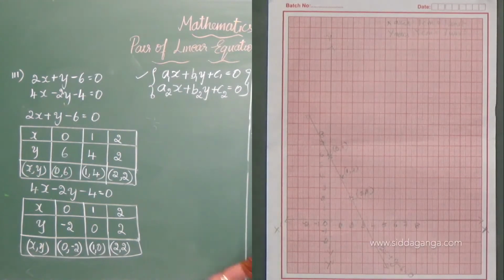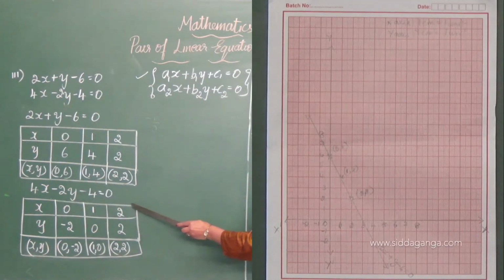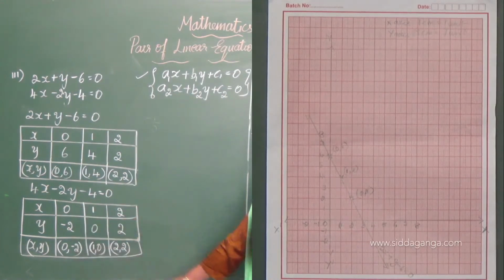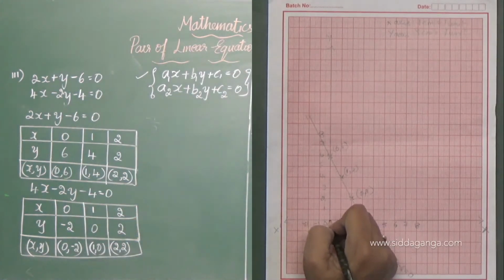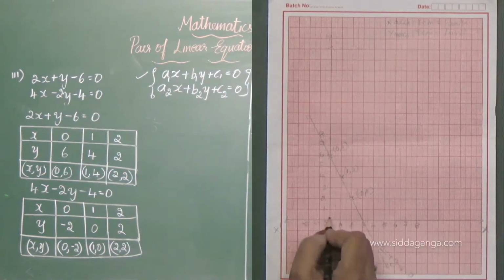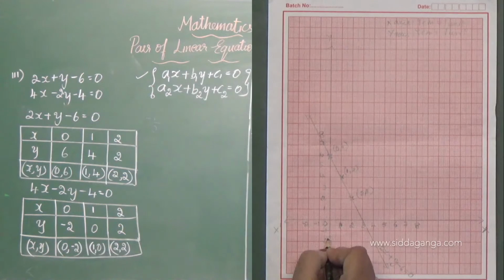Now let us mark the second equation, that is 4x minus 2y minus 4 is equal to 0. Now in this case 0 comma minus 2. So 0 comma minus 2 means, observe carefully, 0 on the x axis and minus 2 on the y axis. So here 0 comma minus 2.